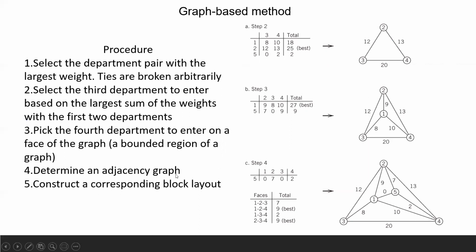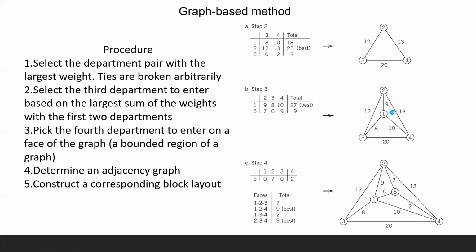Then, determine adjacency graph and then construct a corresponding block layout. So, iwan na lang ay 5. Tama? Ngayon, tiningnan natin, halimbawa ito, yung mga faces. Saan ba dapat natin ilagay yung 5? Okay? So, tiningnan muna natin, what if dito natin ilagay? Di ba nahati siya sa 1, 2, 3? What if dito natin ilagay yung 5?